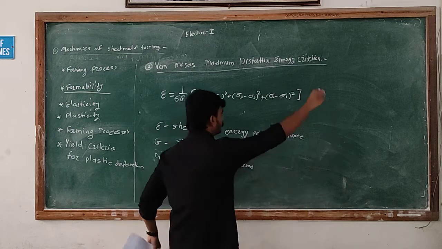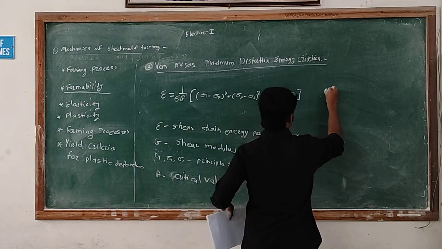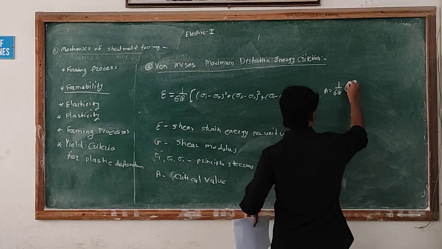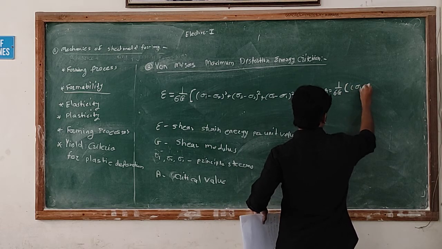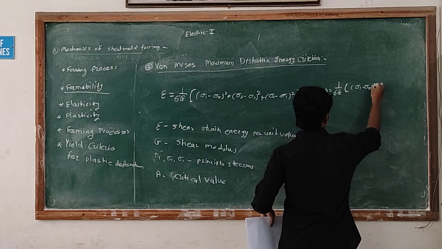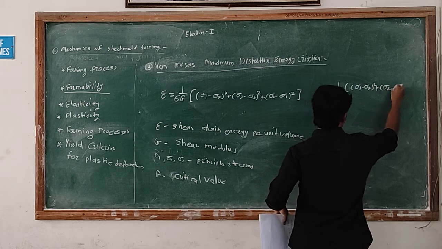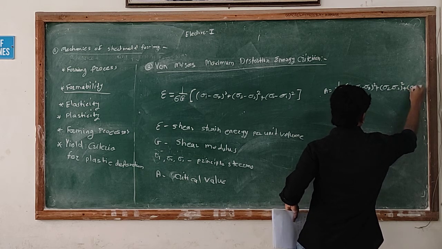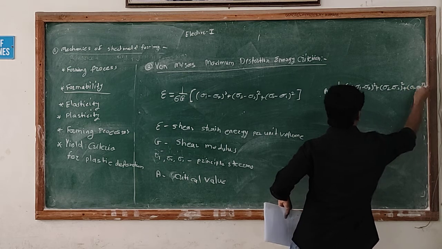So, according to this, A is equal to 1 by 6G into [(sigma 1 minus sigma 2) squared plus (sigma 2 minus sigma 3) squared plus (sigma 3 minus sigma 1) squared].